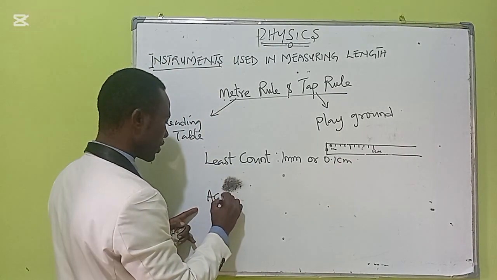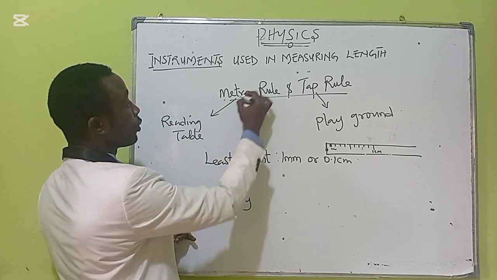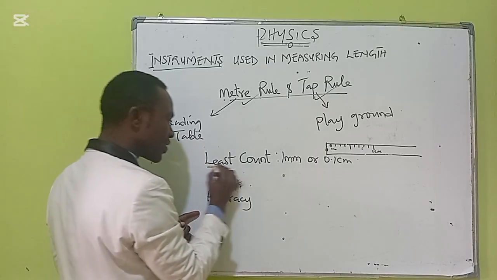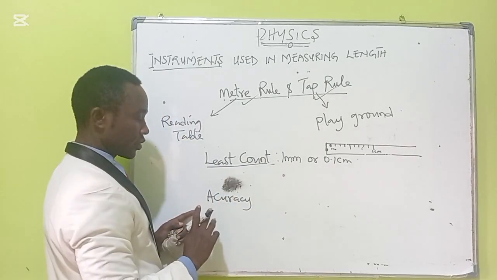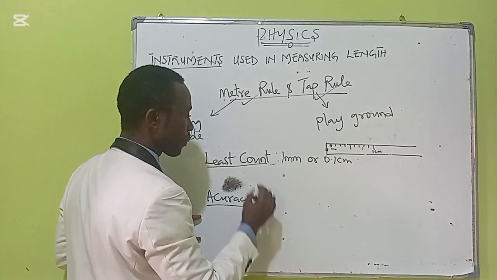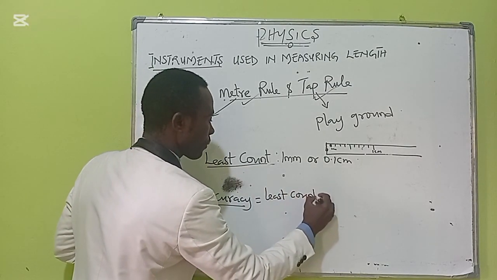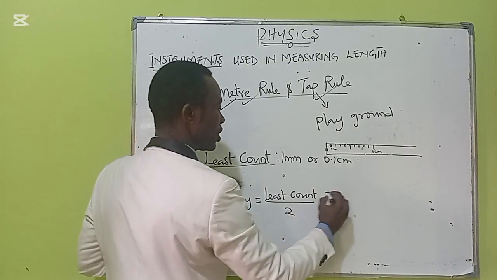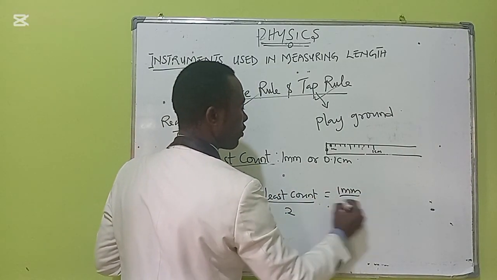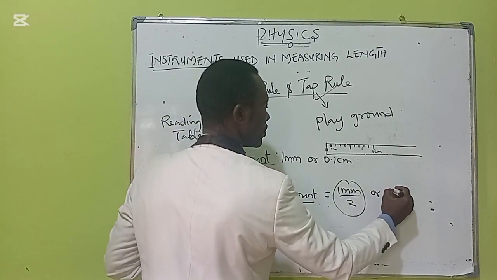What is the accuracy? Both the meter rule and the tape rule have the same least count, and they have the same accuracy. Accuracy is the least count divided by 2, which is 1 millimeter over 2 if you are using millimeter, or 0.1 centimeter over 2 if you are using centimeter.